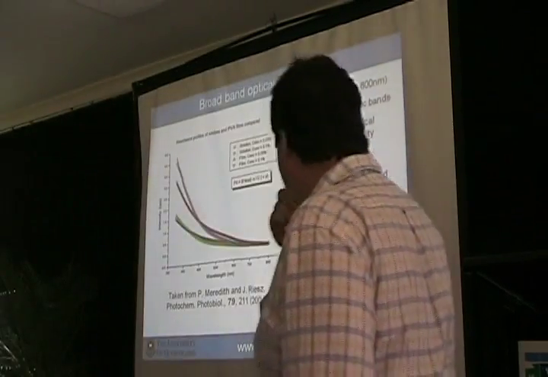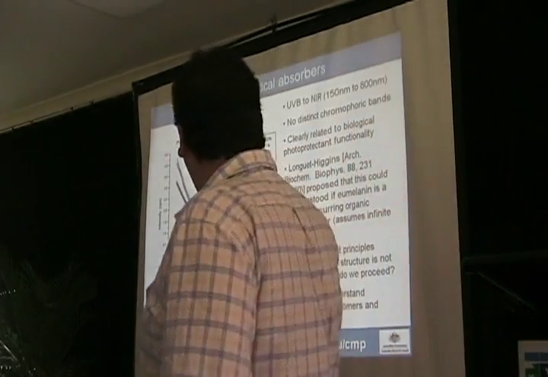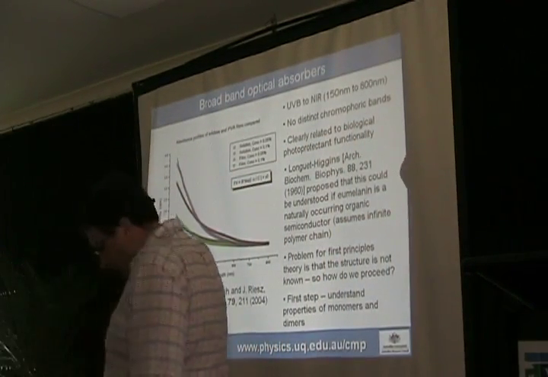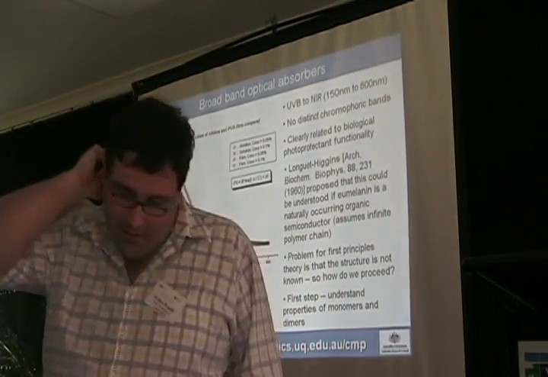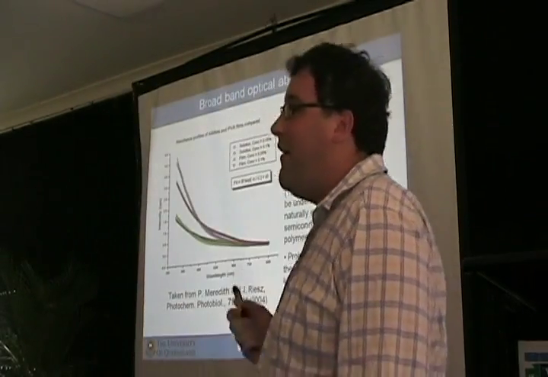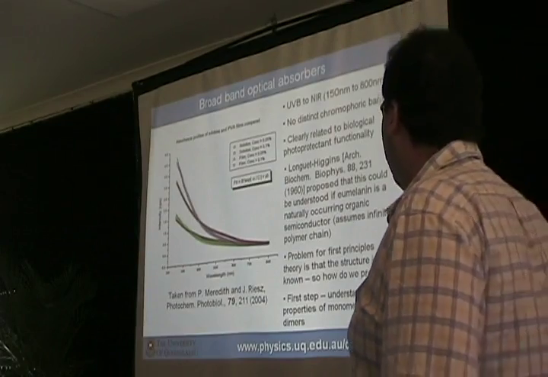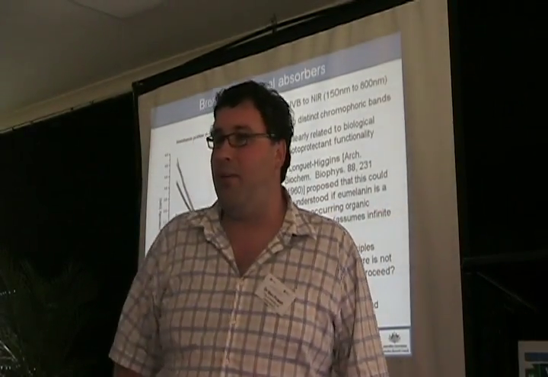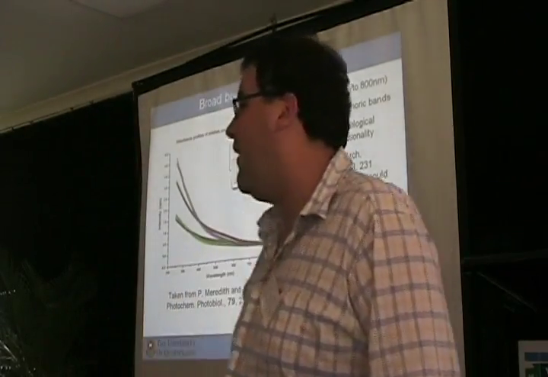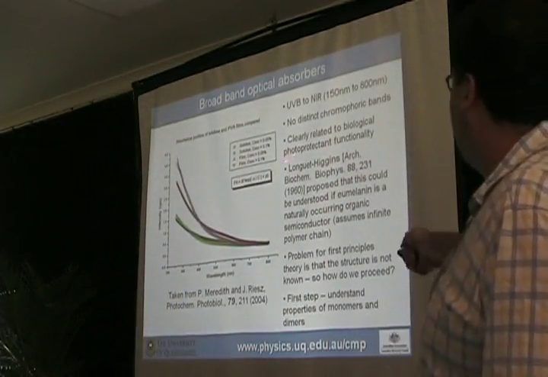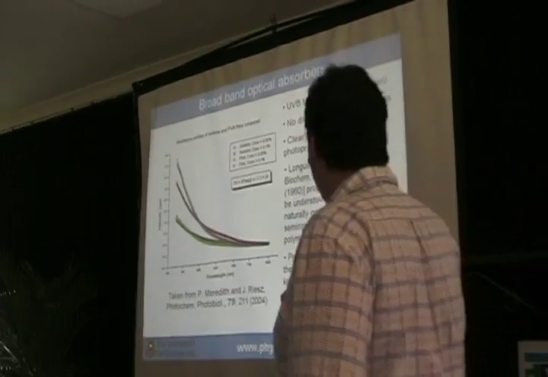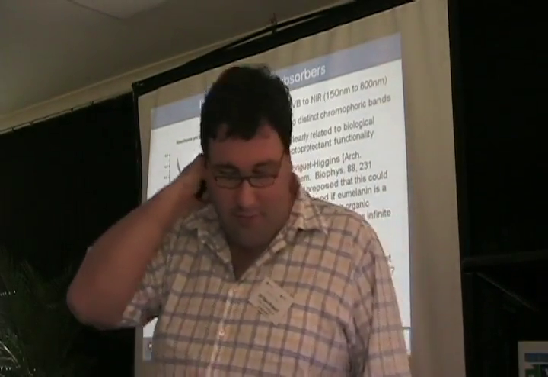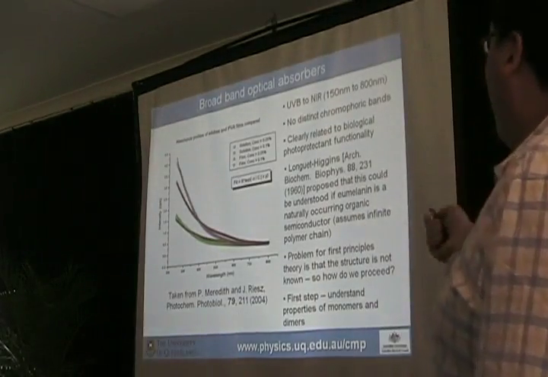So we heard yesterday how historically the dominant paradigm to explain melanin's macroscopic functionality has been to consider it to be a semiconductor. This goes way back to Longuet-Higgins in 1960, and also the McGinness work on switching behaviour in the material.